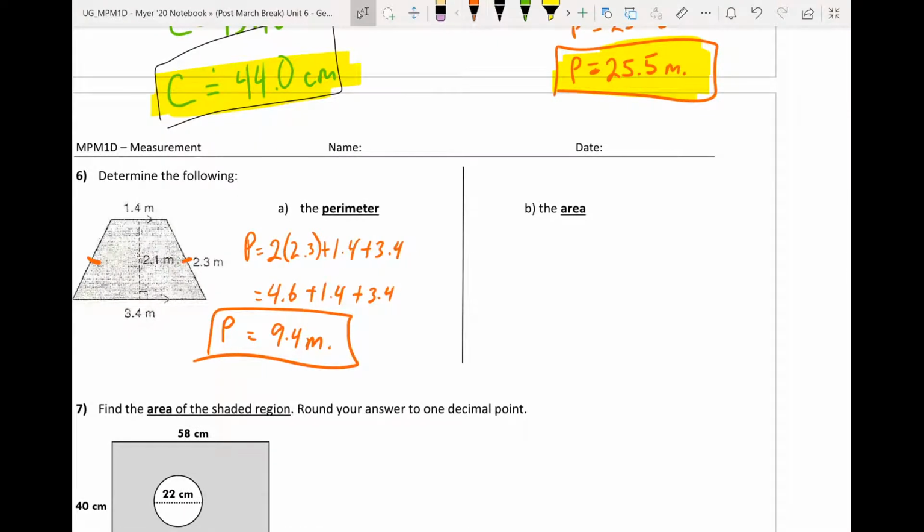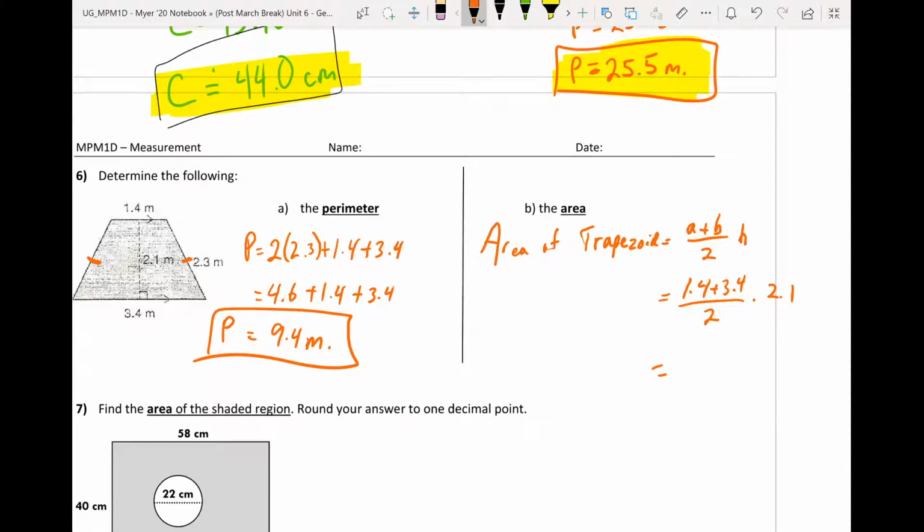Now the area is a little bit different. So area of a trapezoid. Now, if you don't even have this in front of you, you can always Google it. But basically, the formula for area of a trapezoid is kind of like this. It goes A plus B divided by 2 times height. All right, so in this case here, we'd go 1.4 plus 3.4 divided by 2 times 2.1.